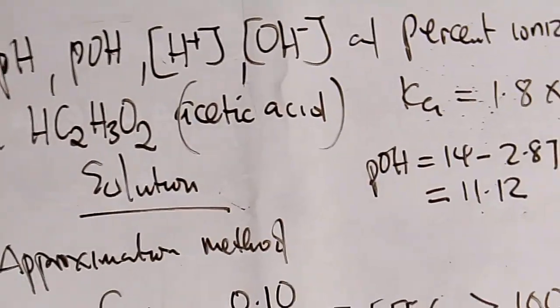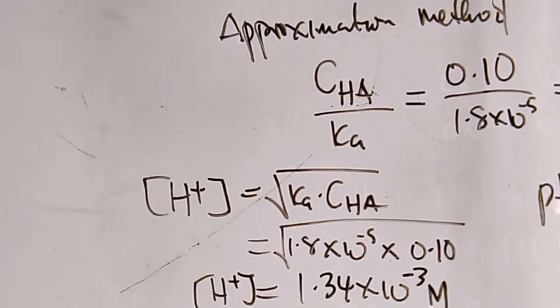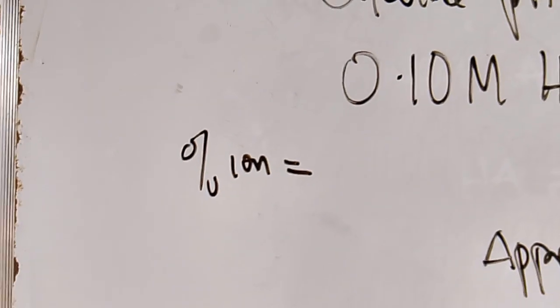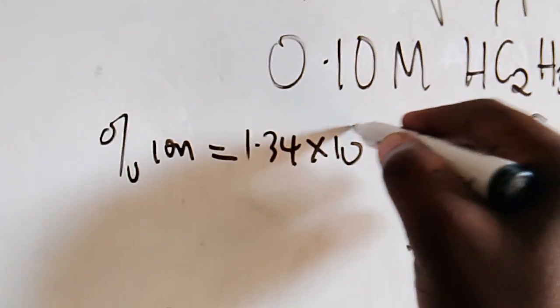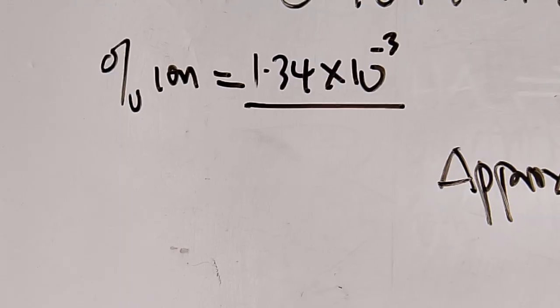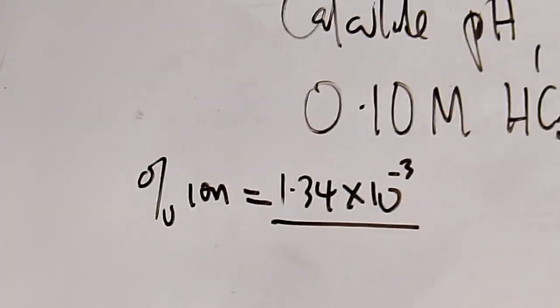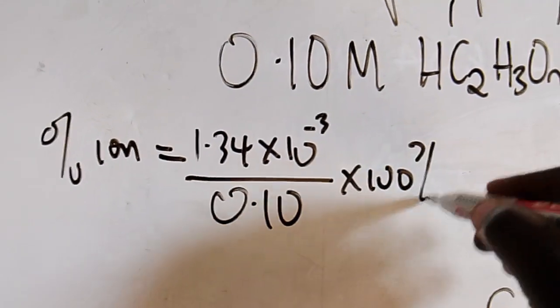Then we need to calculate the percent ionization. Percent ionization is equal to the concentration of hydrogen, 1.34 times 10 to the power negative 3, over the concentration of the acid, 0.10, times 100%.